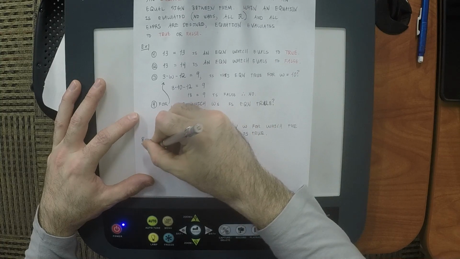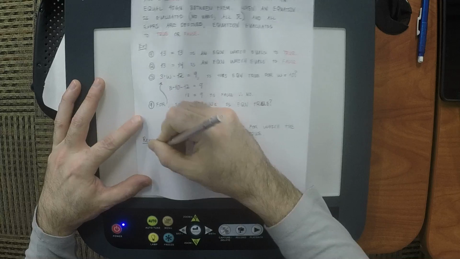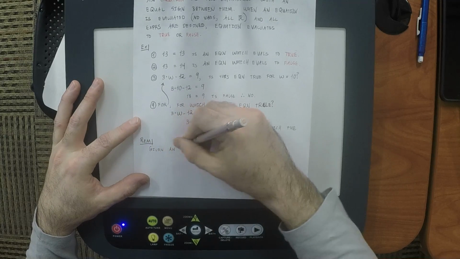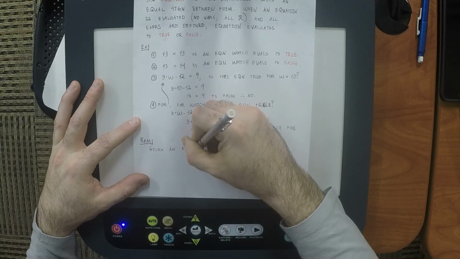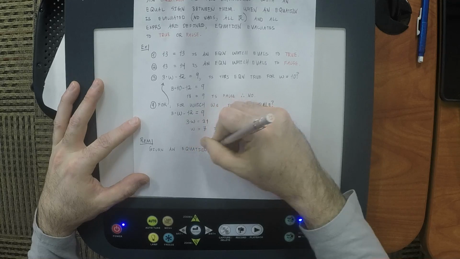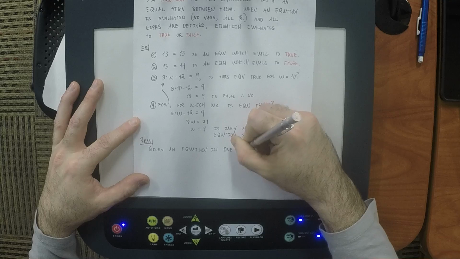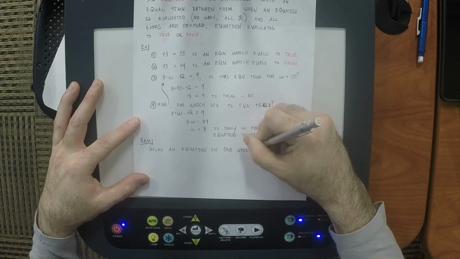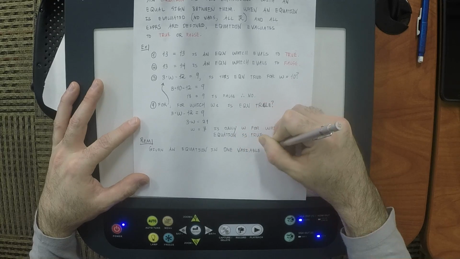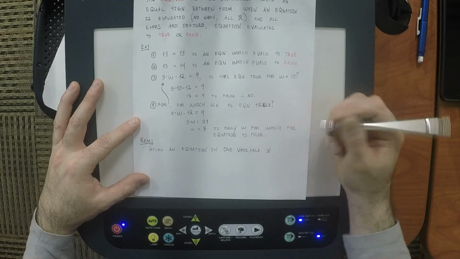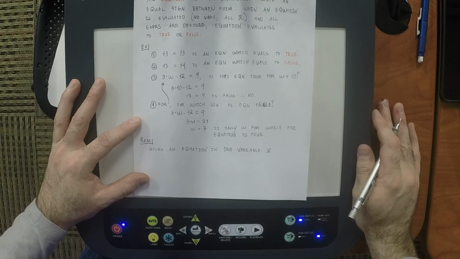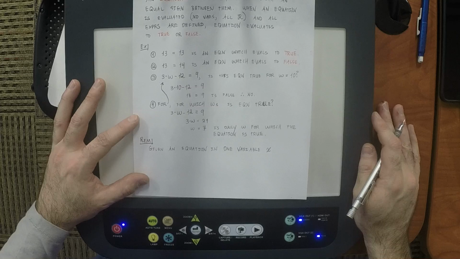Given an equation in one variable, and I'm calling the variable x, but do know that there's nothing sacred about the name x, right?